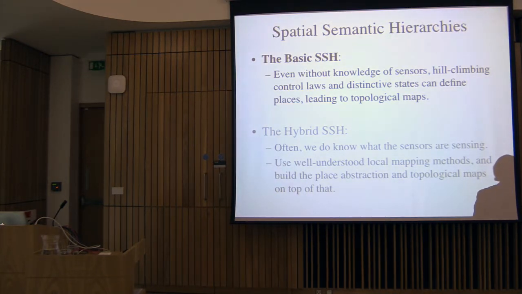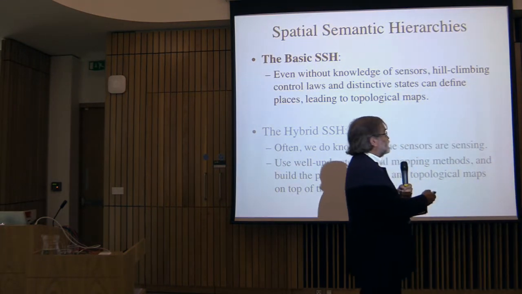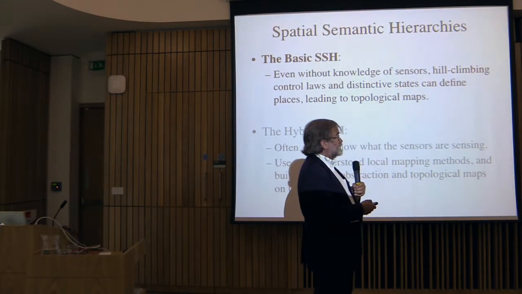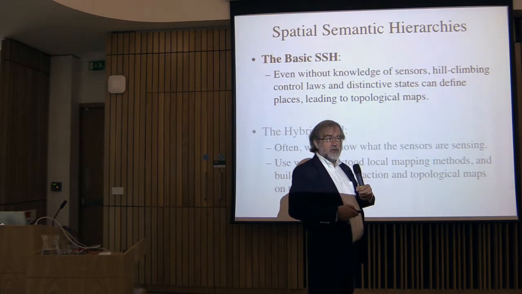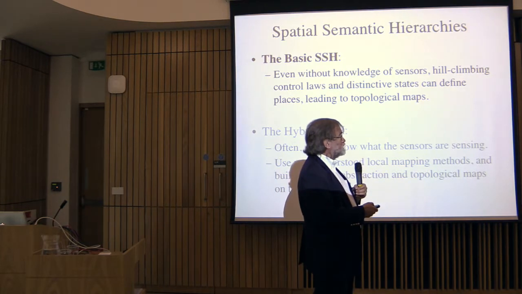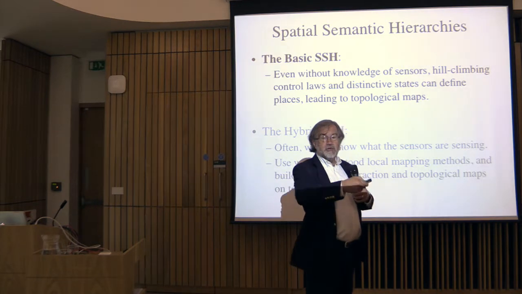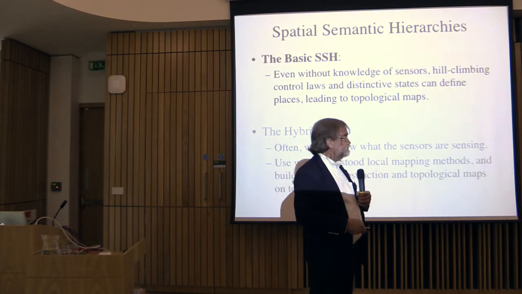But here we're going to assume that we have a certain number of control laws. And so this requires very weak prior knowledge on the part of the agent. All we really need are hill climbing control laws, and we'll have trajectory following control laws and distinctive states, which I'll talk about in a moment.